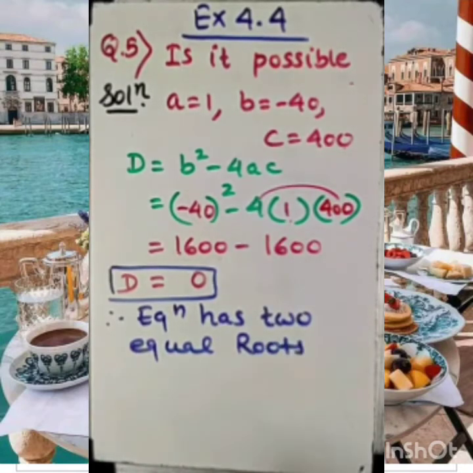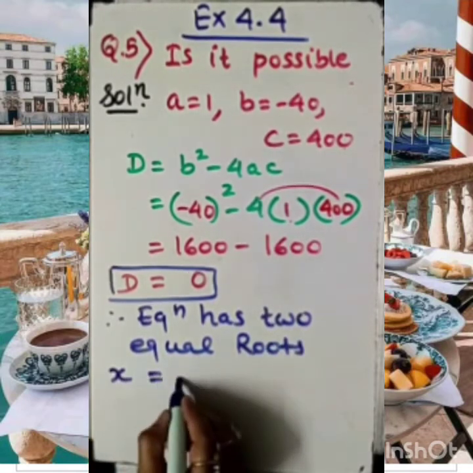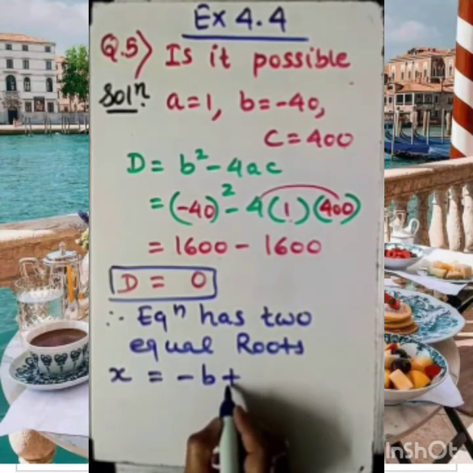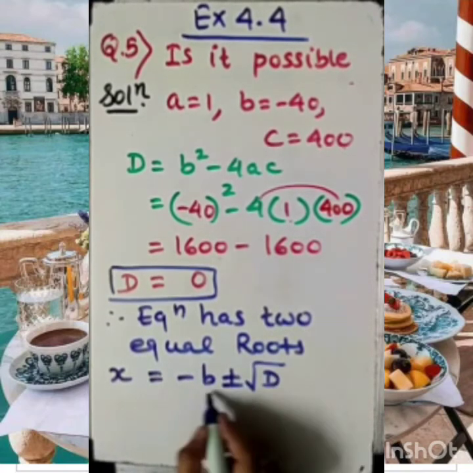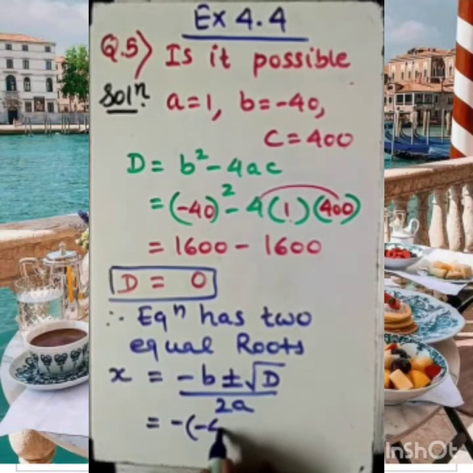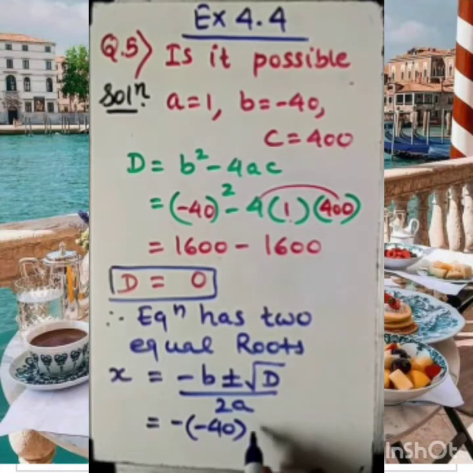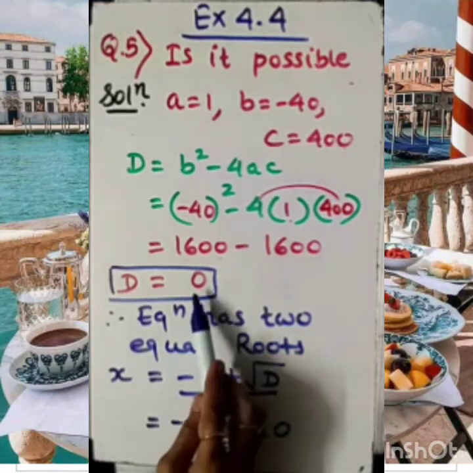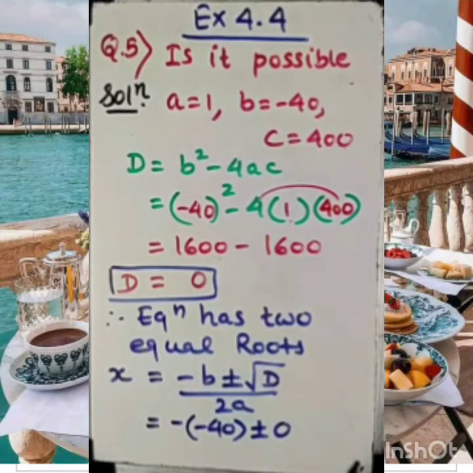Now let's try to find which are the equal roots. We know the formula to solve the quadratic equation, x equal to minus b plus or minus under root D upon 2a. In that, the value of minus b is minus of minus 40, plus or minus, here it will be 0 because the root of D will be 0.